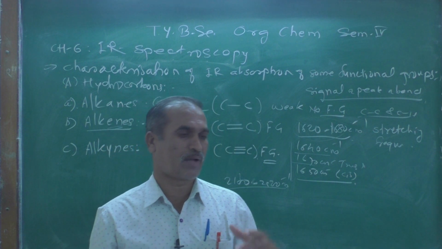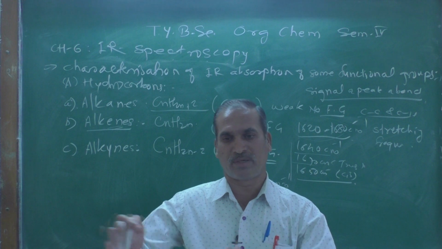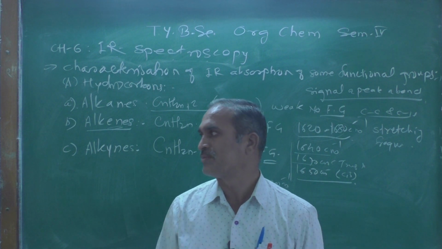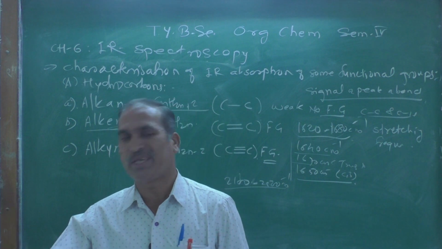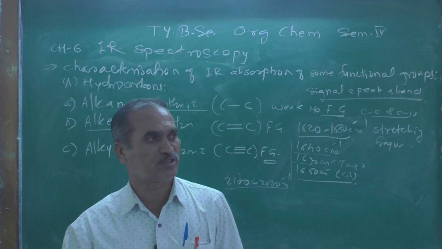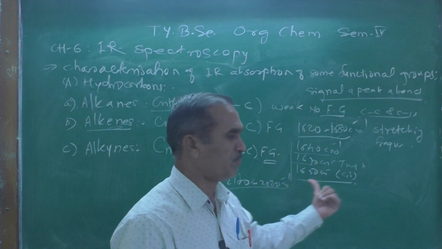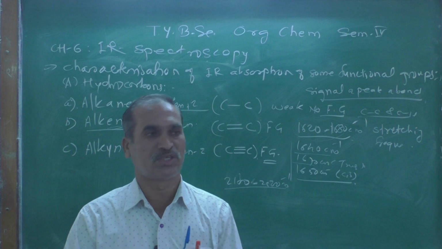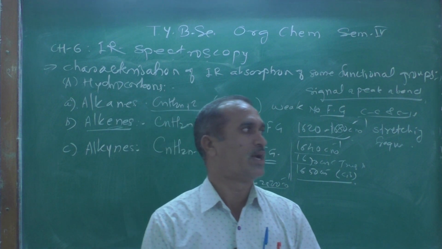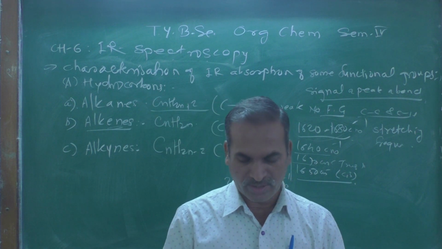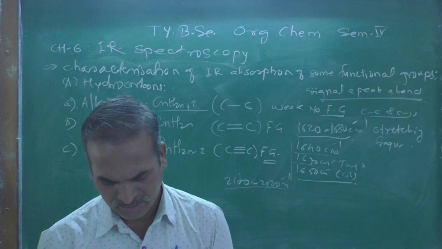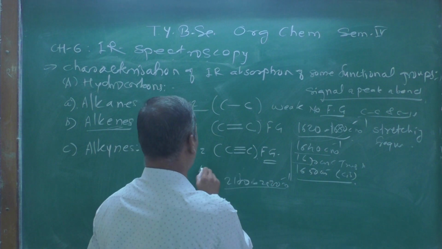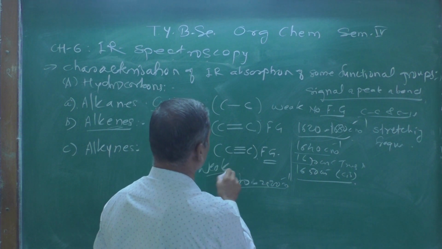Here either carbon-carbon triple bonds or carbon-nitrogen triple bonds are present, and they give the IR absorption peak in between these, and therefore that region is generally known as the triple bond region. The bands which appear here are very weak.